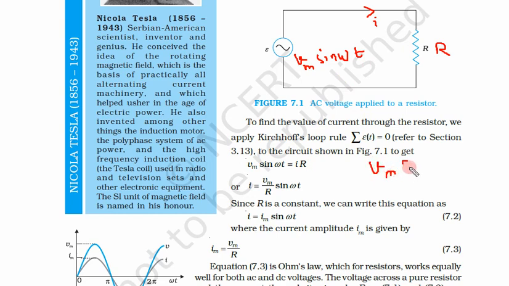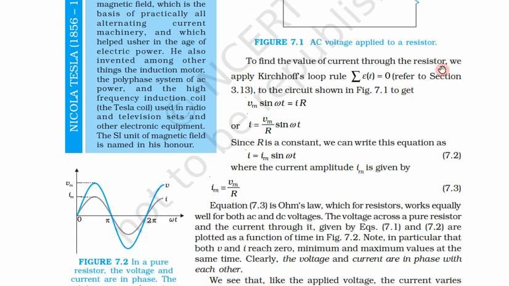The potential difference Vm sin omega t minus IR must be equal to 0. So Vm sin omega t must be equal to IR. This is the first equation that we get.